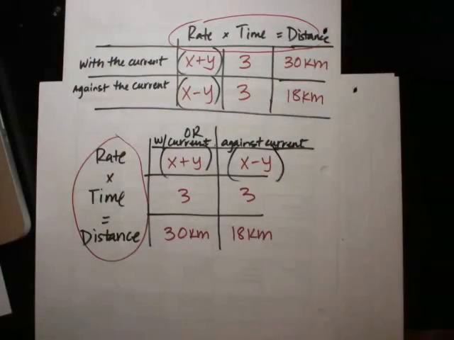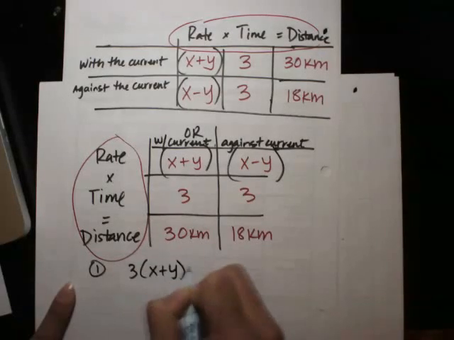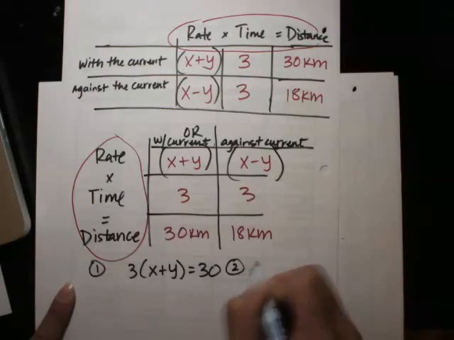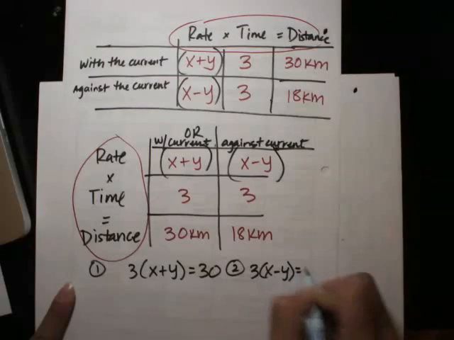So when I multiply, the first equation I'll get is 3 times x plus y equals 30, and the second equation is 3 times x minus y equals 18.